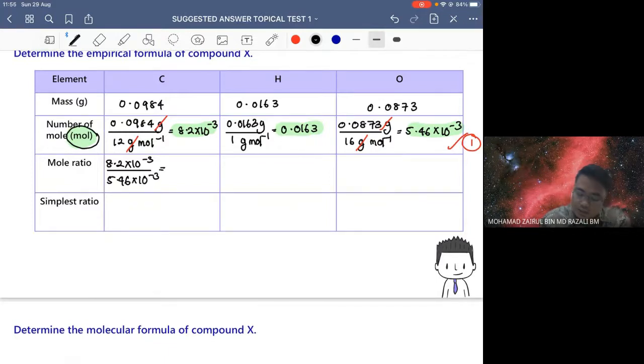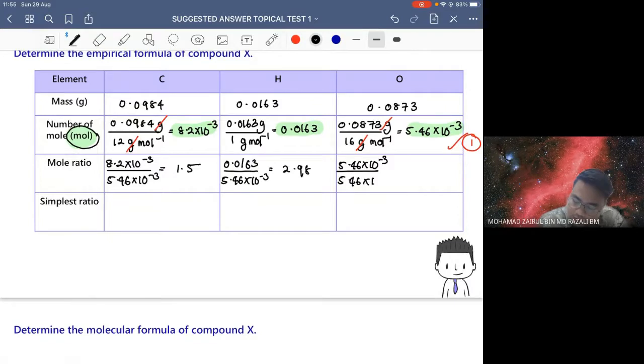So awak akan dapat around 1.5. So for hydrogen is 0.163 divided by 5.46 times 10 to the power minus 3. Awak akan dapat 2.98. Okay, so untuk oksigen, so oksigen akan divide dengan diri dia.